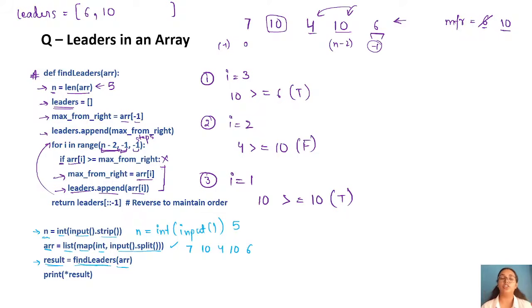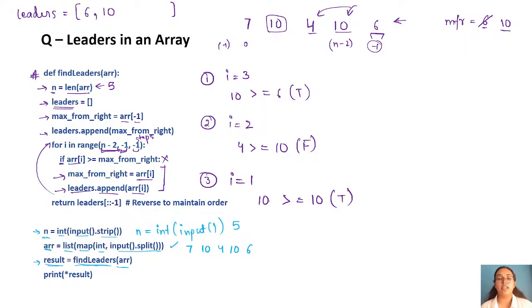And here you don't need to confuse yourself that 10 is already there and we have already put 10 in the leaders list. Do we need to add the second 10 as well? Yes, because nothing is written. If there is something that they want to specify, they will specify in the question. If they are not specifying it, you don't have to use your own brain and do things, right? Just keep it simple, normal. What they want, just give it to them.